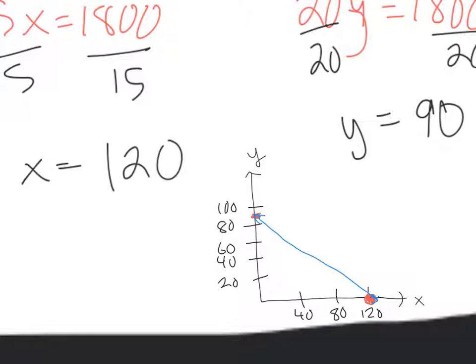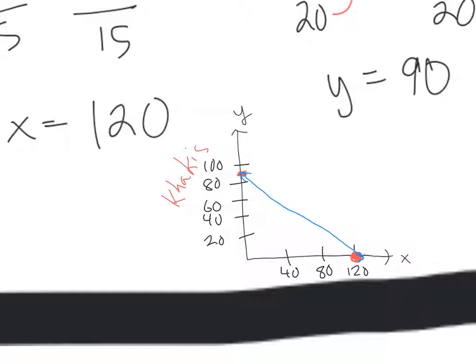Alright. Interpret the x and y-intercepts. So what exactly does this mean? Well, here the y-axis is representative of my khakis, and the x-axis is representative of my jeans from the word problem. These are my jeans. So what do these intercepts mean?